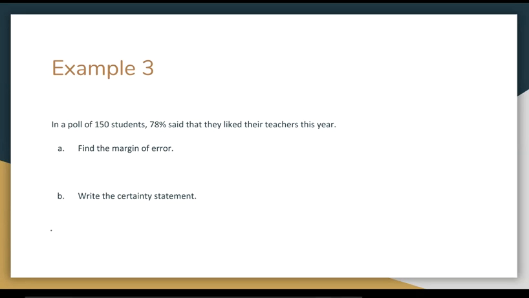If we have 150 students and we want to find the margin of error, it's 1 over the square root of the number in our sample. So we have 150 students in our sample, so it's 1 over the square root of 150.